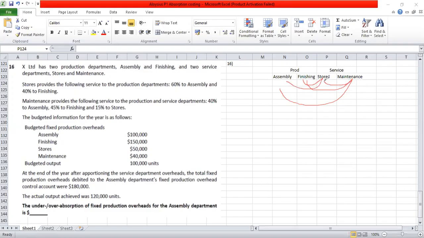One service department is only charging to the remaining production departments, but another maintenance department is also charging to the other service department. So this is called as step down method.